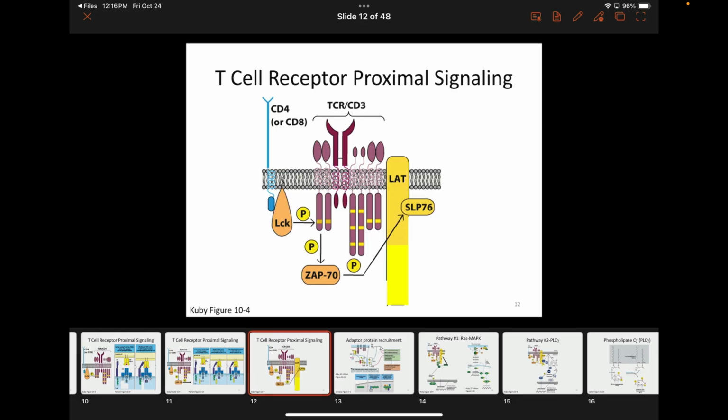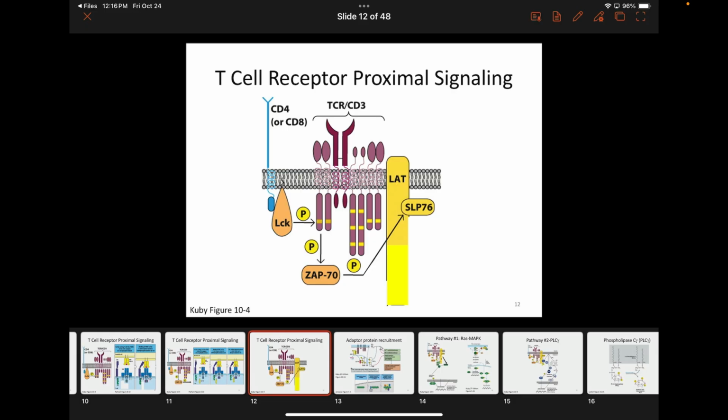I'm basically going to say LAT and SLP76 interchangeably. I'm not going to say anything that's different about them. I'm just going to say there's 2 here, which is true. Once we've got ZAP70 active, that's going to allow us to bring in LAT and SLP76.